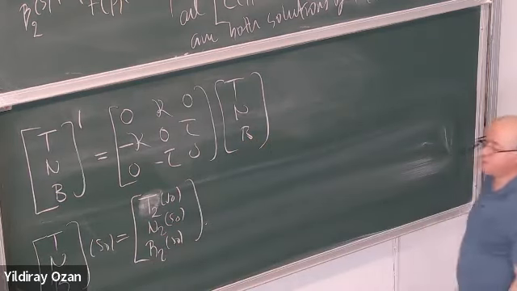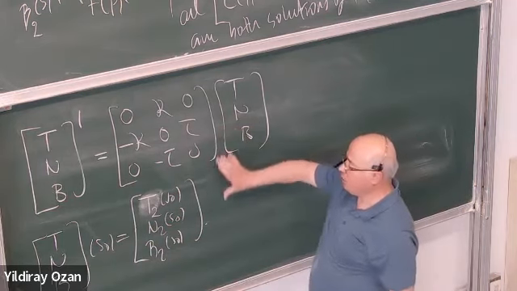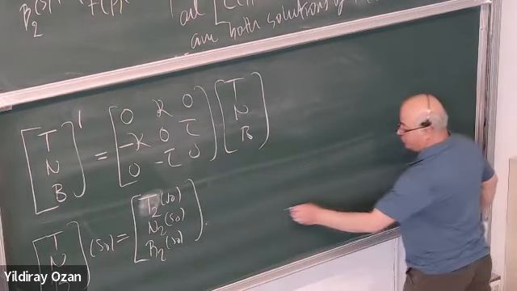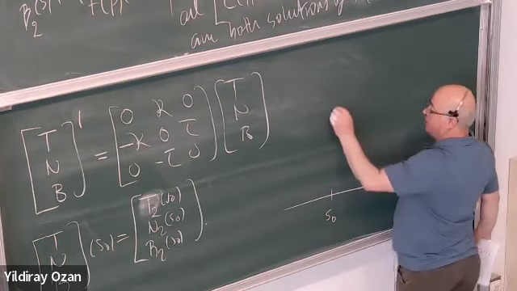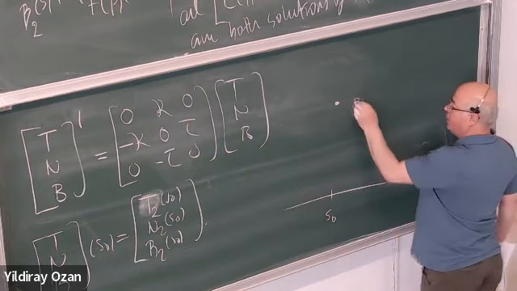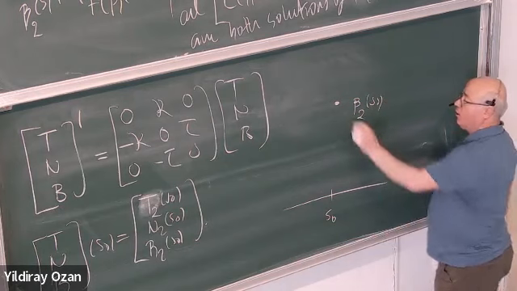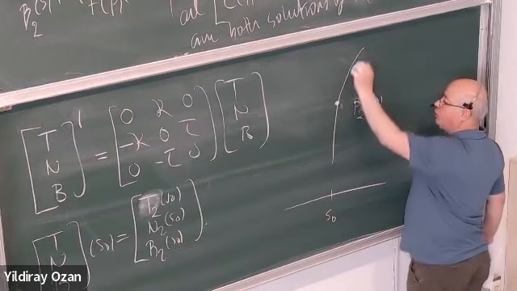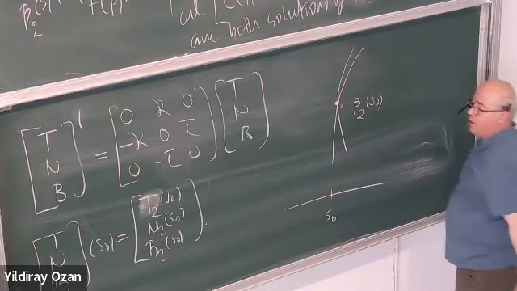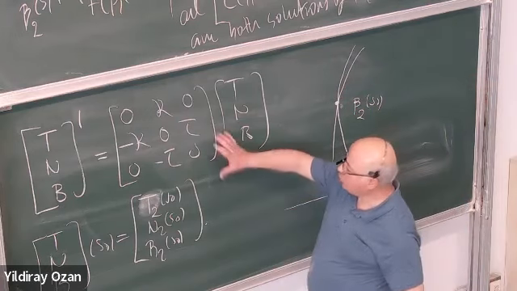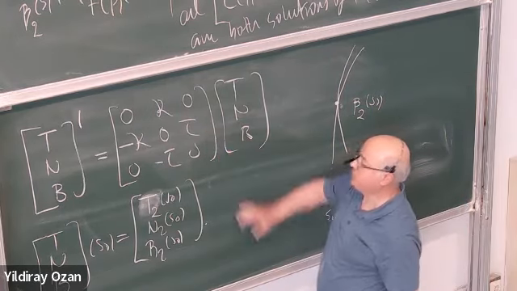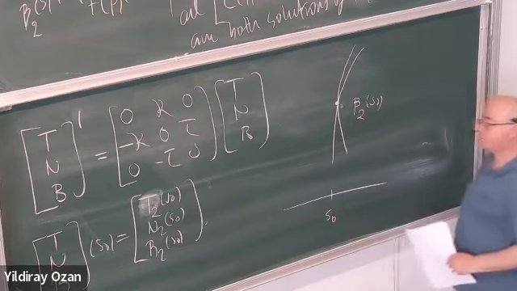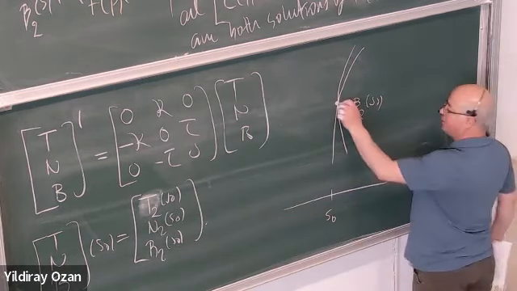Okay, they satisfy this differential equation together with this initial value. So here, what's happening? I have this point, beta 2 of s0. From this point, there pass two curves like this, and both of them are solutions of this differential equation, I mean T and B, and they have the same frame at this point.